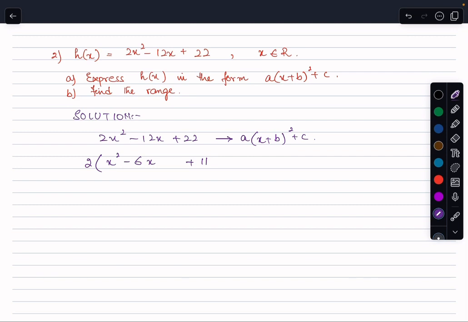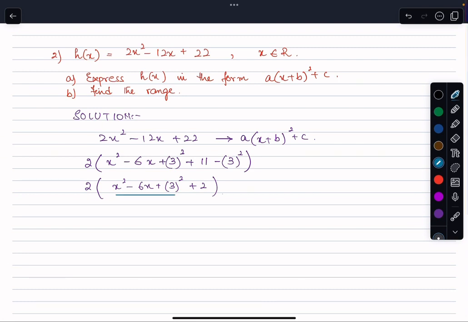Divide the coefficient of x, which is 6, by 2, which will give me the answer as 3. So I will be adding 3 the whole square and also subtracting 3 the whole square. Then I can say it's 2 times x squared minus 6x plus 3 the whole square, and 11 minus 3 squared, meaning 11 minus 9, that would give me a plus 2 to the equation here.